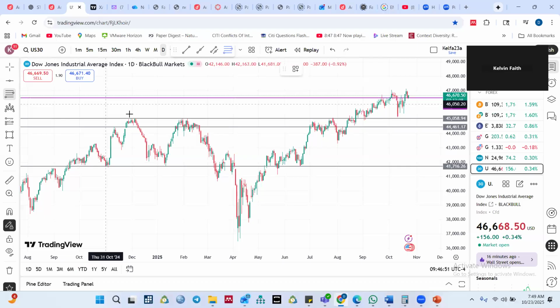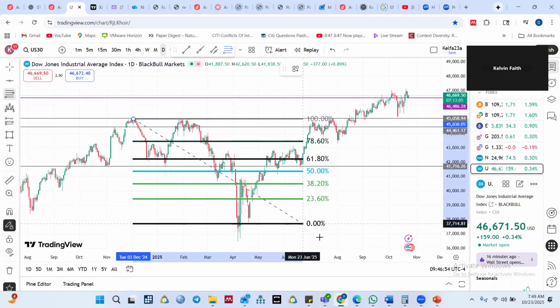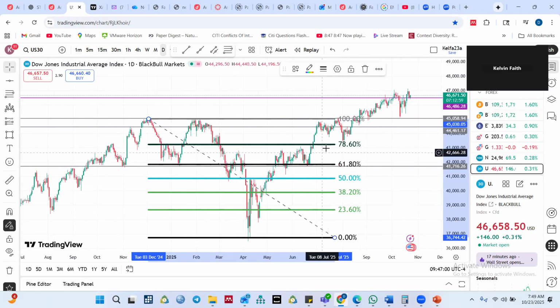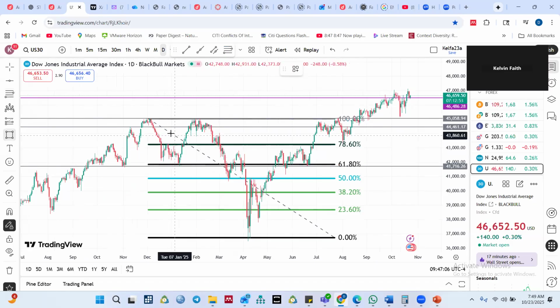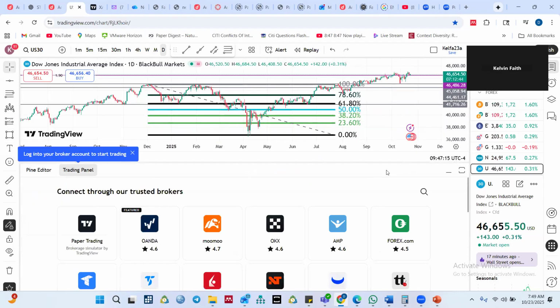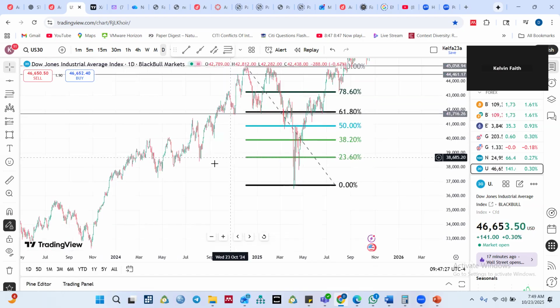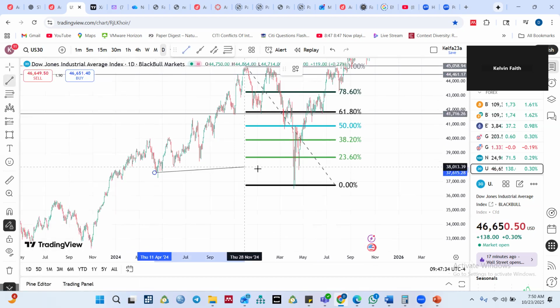When we were at these highs and price pulled back down, it's likely we could have viewed this area, because from these highs price took out, let me show you, when price dropped, it took out these lows.